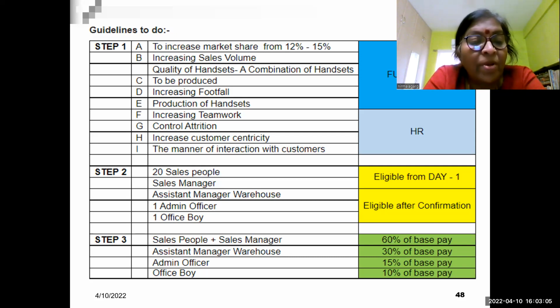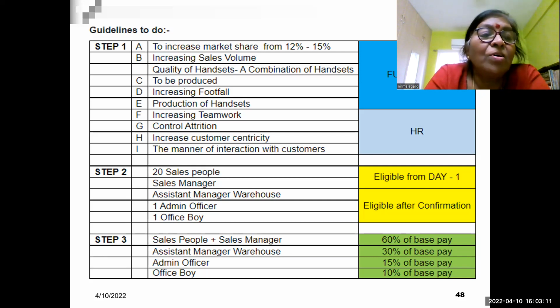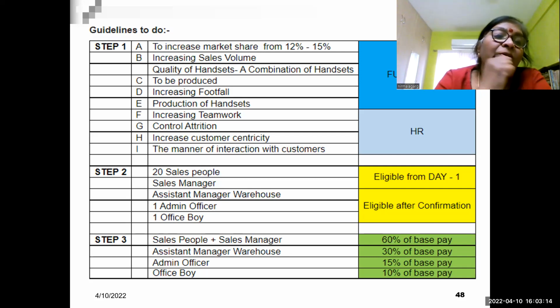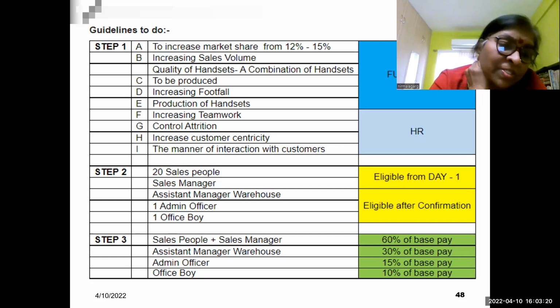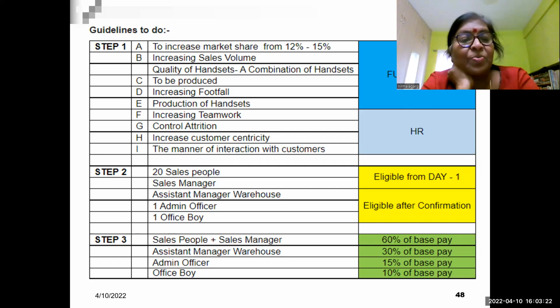These good salespeople tend to leave, so there is attrition as well. So in step 1, you have A, B, C, D, E, F, G, H. These are some concerns from the functional perspective and from the HR perspective.